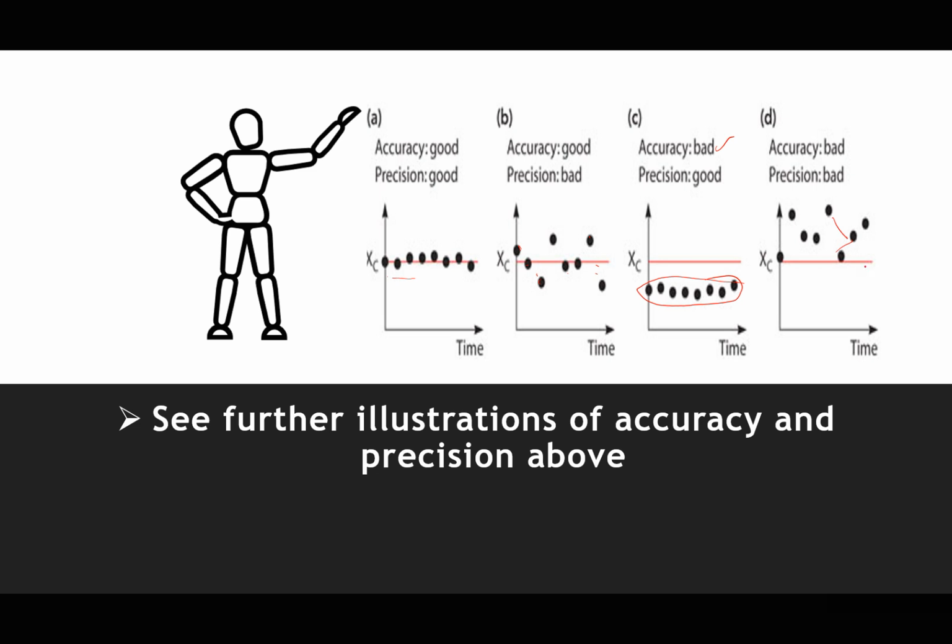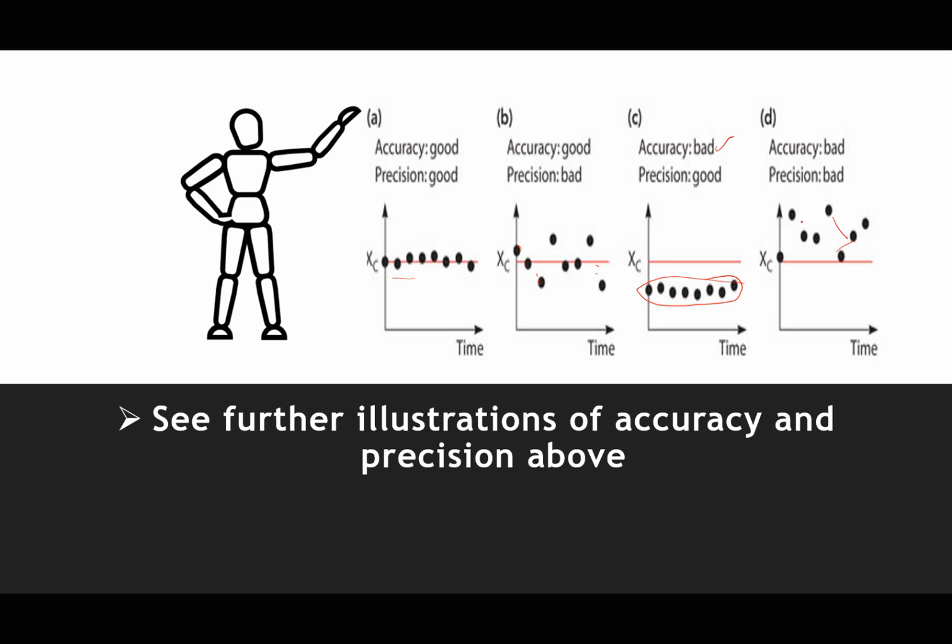Therefore, we can also understand accuracy by such. Remember, accuracy and precision are always going to be used in measurements, and you should be able to distinguish the two terms very well. Know the difference between accuracy and precision.